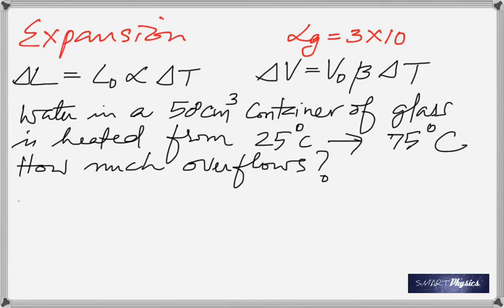Glass also expands. Okay, so glass gets bigger. So what do you have to do? You got to find the actual increase in volume of water, then find the increase in volume of glass, and then do what? Add them? Subtract them.